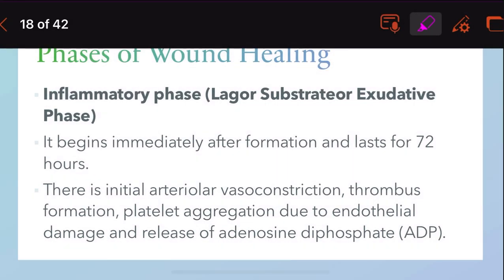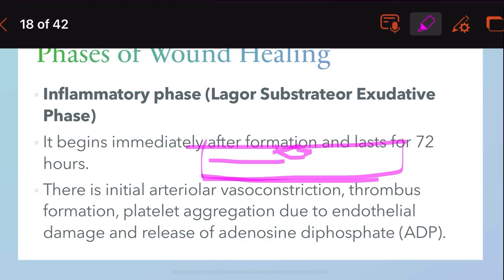So guys, you can see here, this is the part which is going to be injured, and this is the injury. Because of the injury, this blood vessel, first there is vasoconstriction of the blood vessel to reduce the blood loss. To reduce the hemorrhage or the bleeding, the arteriolar vasoconstriction takes place.